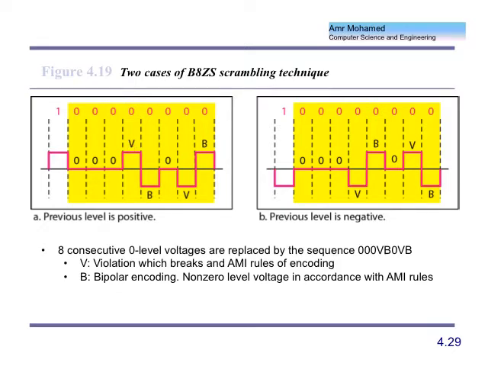So if we were to, for example, have a negative voltage, which indicates 1, and then 8 zeros.